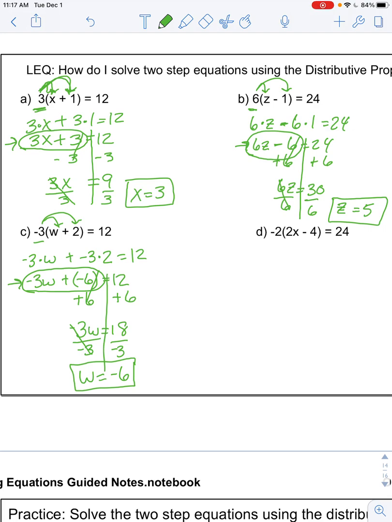All right, D. Negative 2 times the quantity 2x minus 4 equals 24. So we're taking negative 2, multiplying it by 2x, taking negative 2, multiplying it by 4. So negative 2 times 2x gives us negative 4x. Bring down your subtraction sign. Negative 2 times positive 4 gives us negative 8.